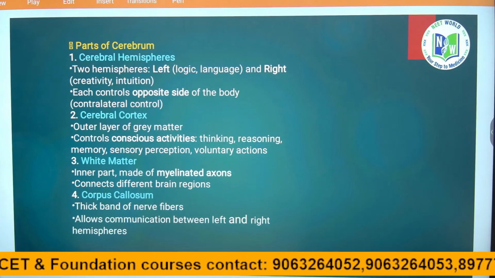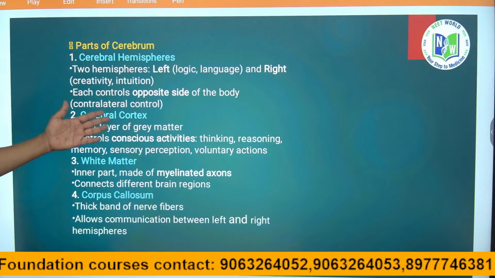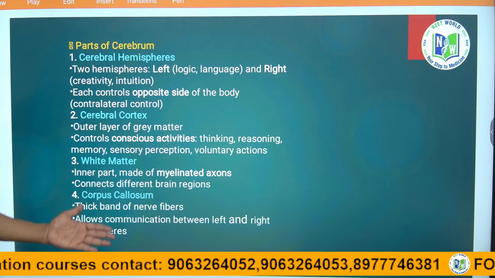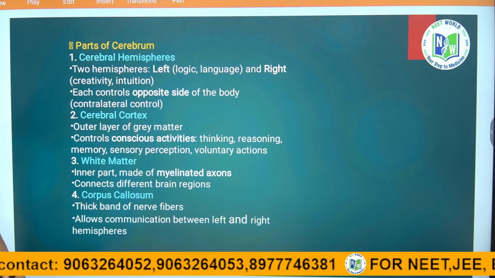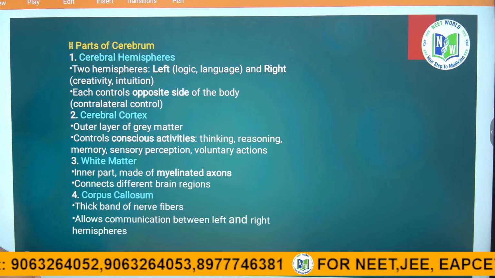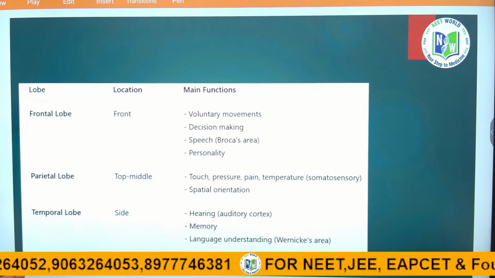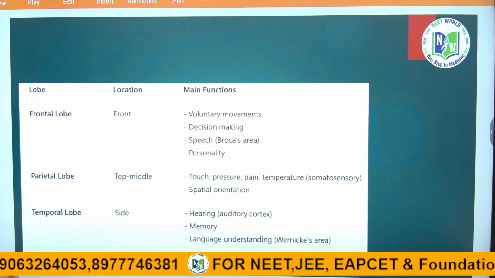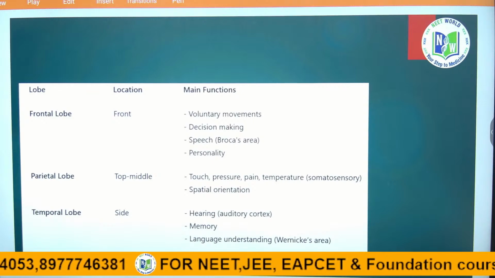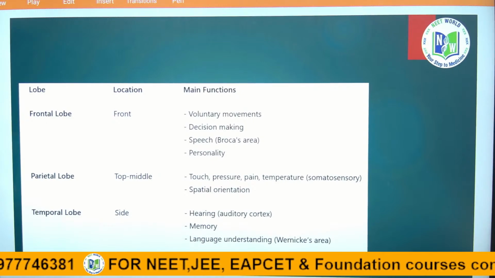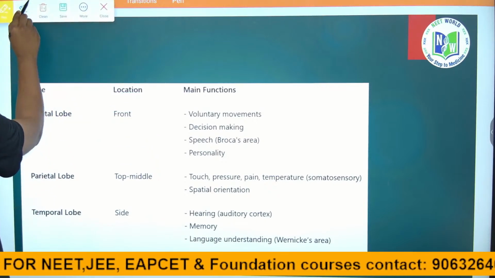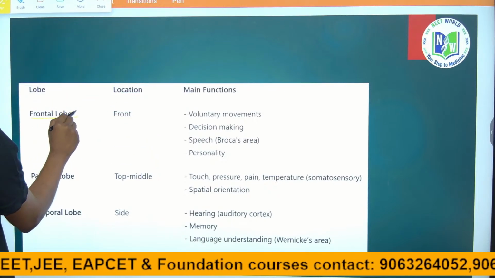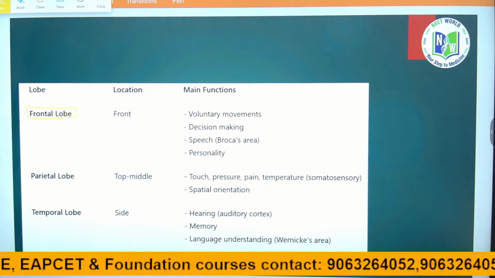Parts of the cerebrum: cerebral hemisphere, cerebral cortex, white matter and corpus callosum. Already we discussed what is white matter and what is grey matter in the previous class. Functions: what we discussed recently, we will go through again. Frontal lobe, what are its functions?